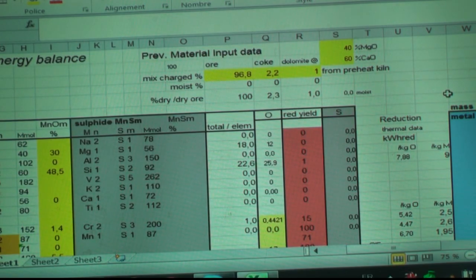You understand? And actually, again, in the calculation you don't have a constant yield. You put the objective to have about 30% manganese in the slag.